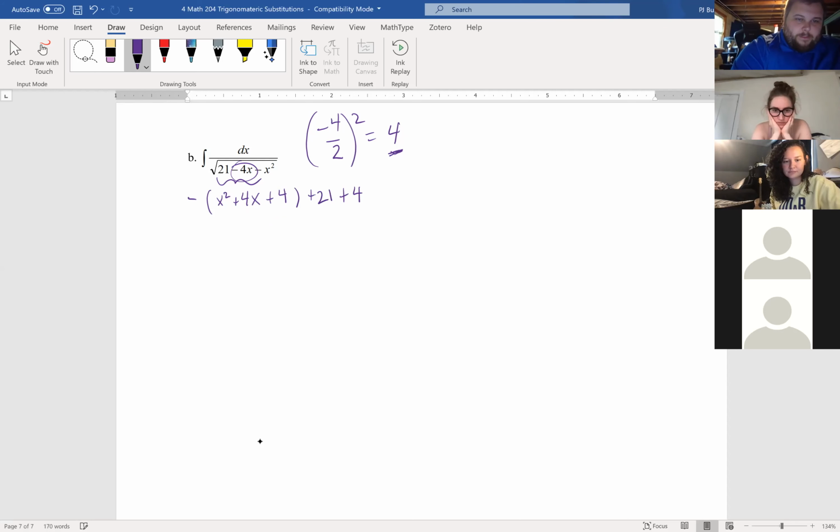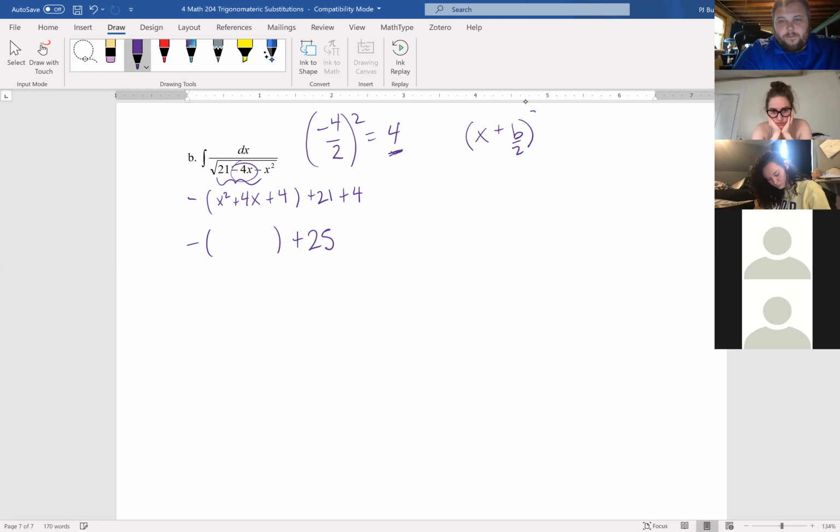So this now looks like we have to factor the inside. Now, the nice thing about completing the square is it always factors as this guy.